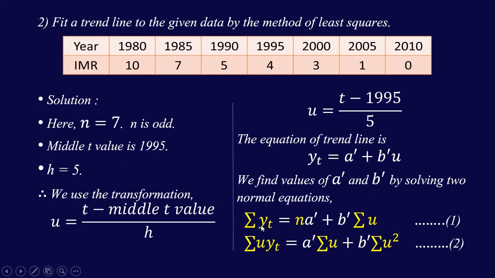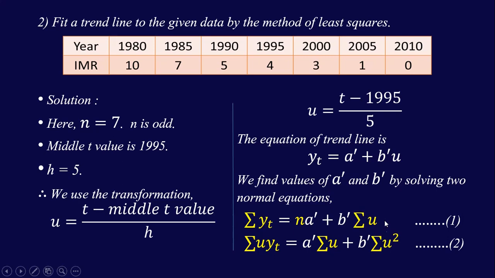Now to get the values denoted by yellow color: summation yt, summation u square, summation u, summation u yt, we use this given data. These are values of t. We convert t to u using this formula, and these values are denoted by the variable y. To get summation yt, we require a column for yt.